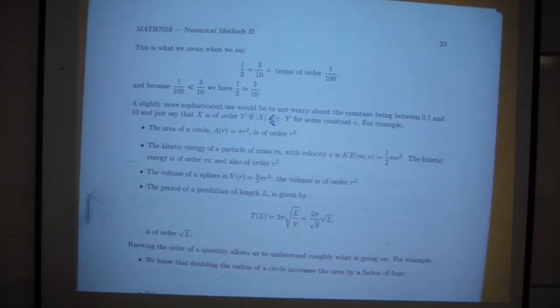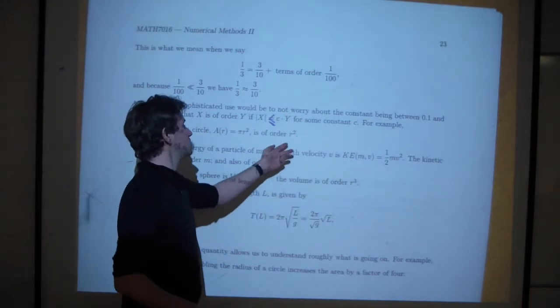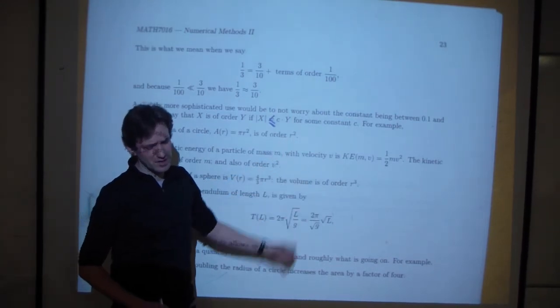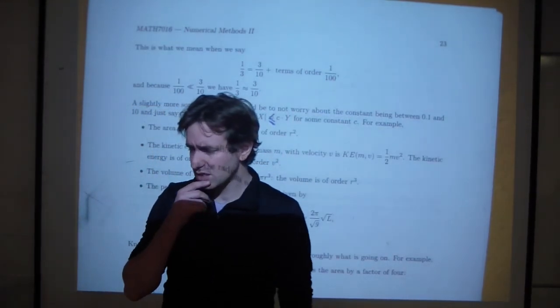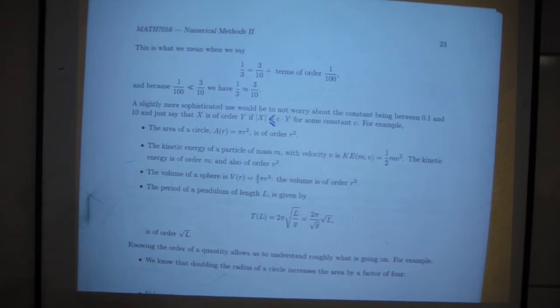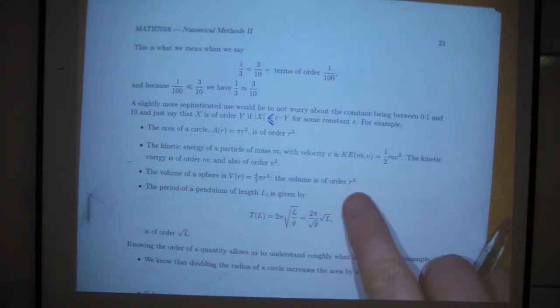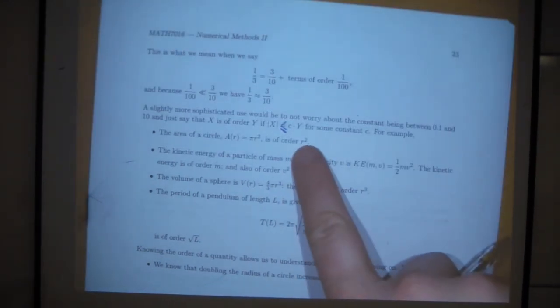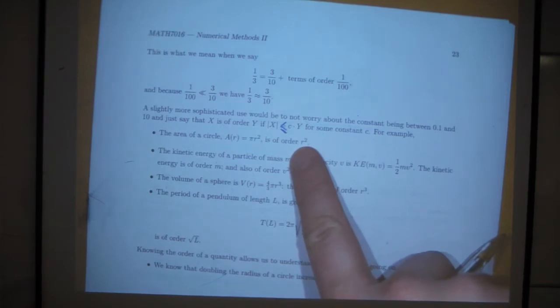So if you talk about the area of a circle, and we're going to do it in a moment, if you double the radius of a circle, you do not double the area. A statement you might have heard is that the area goes as the square, which means that if you double r, say it's 2r, you get 4r squared.